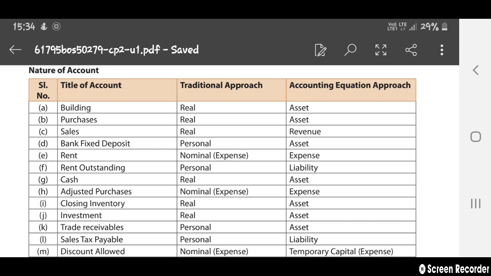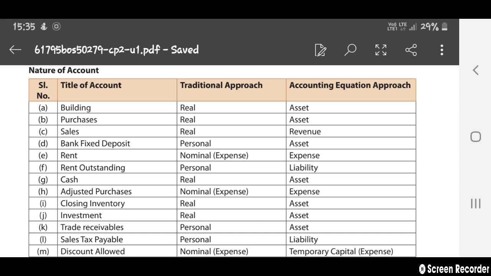Bank fixed deposit, it is personal, because bank fixed deposit is theirs, and here it is an asset, we are gaining. Rent, it is nominal. Expenses, we are giving the money, we are paying the rent, so in the traditional approach it comes under expenses, means nominal. In the accounting equation we tell it as expenses.